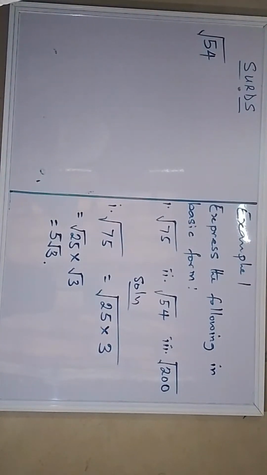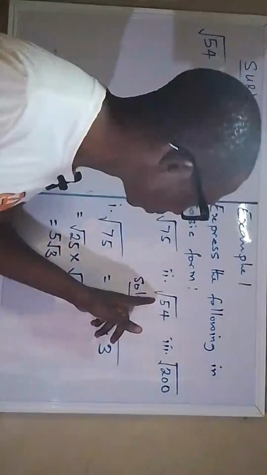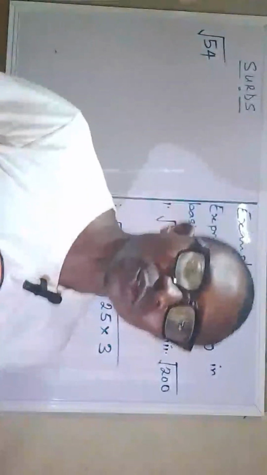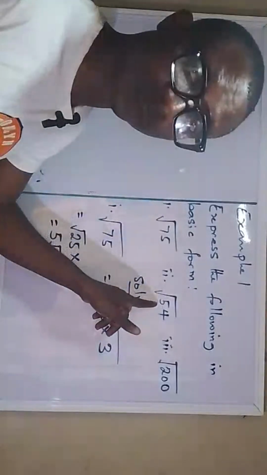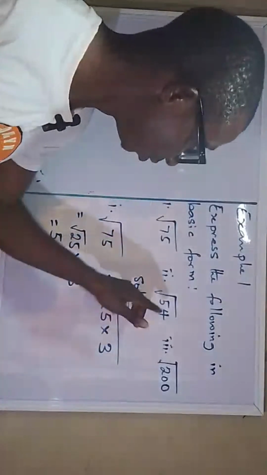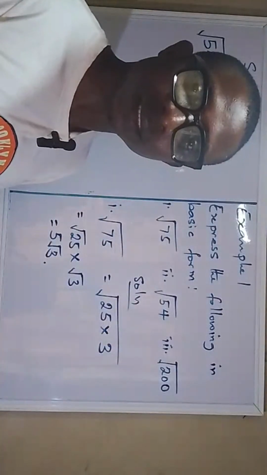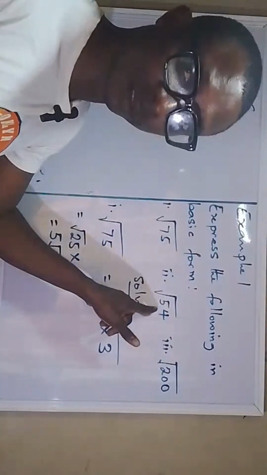Square root of 54. Now, how do we express this 54? You begin to think of a perfect square that will go in it, or you look for the highest perfect square that will go in it. So the perfect square that is going to go in 54, and when you look at it, 9 is a very good number that will go in this.